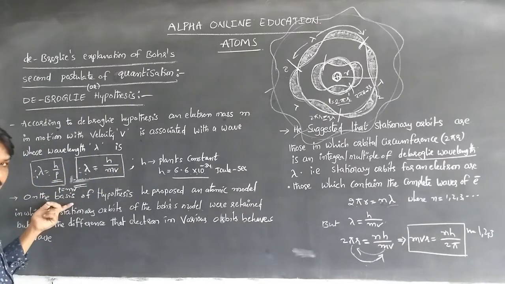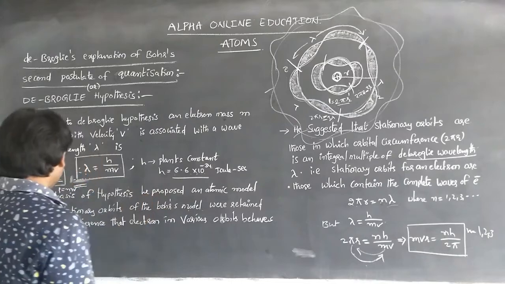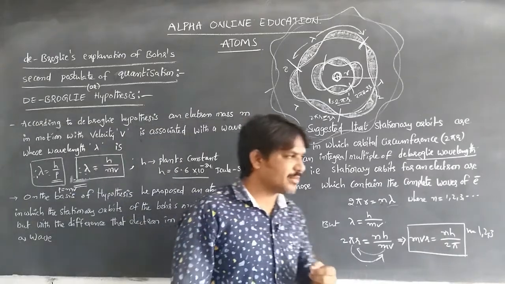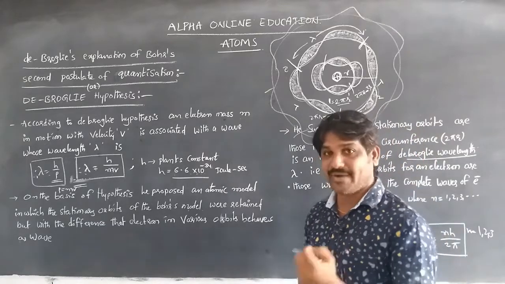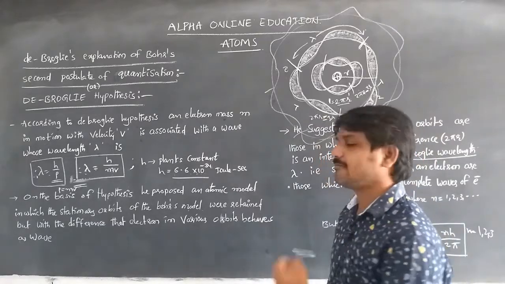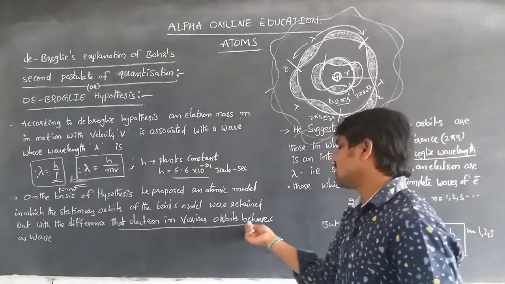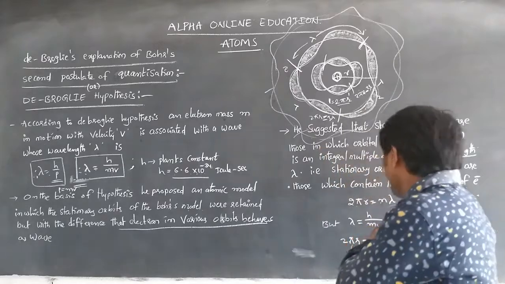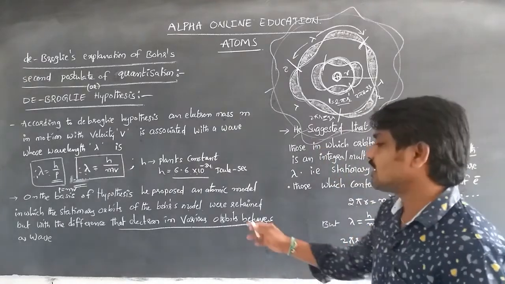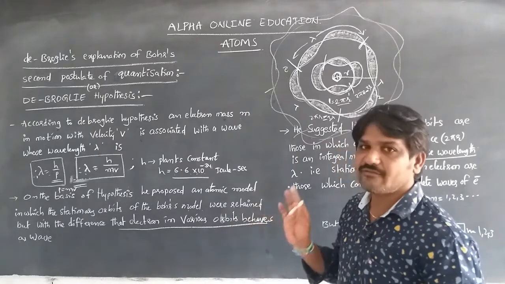On the basis of this hypothesis, he proposed an atomic model in which the stationary orbits of Bohr's model are retained, but with the difference that electrons in various orbits behave like a wave.